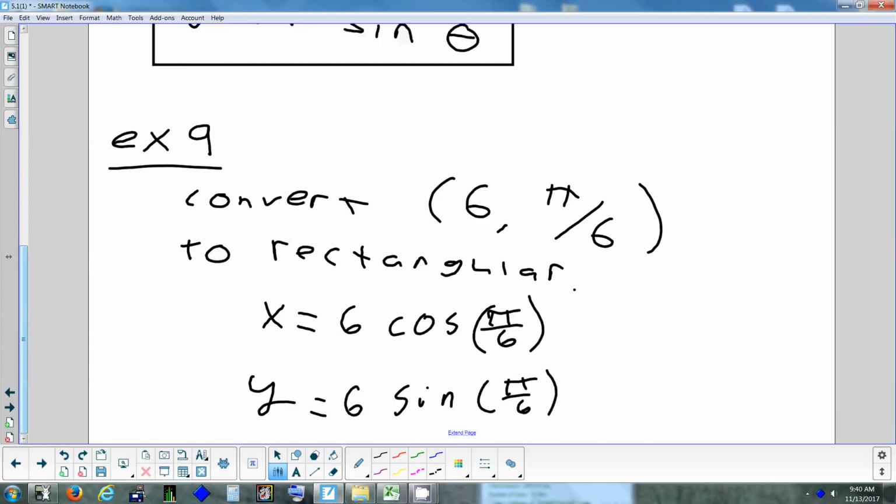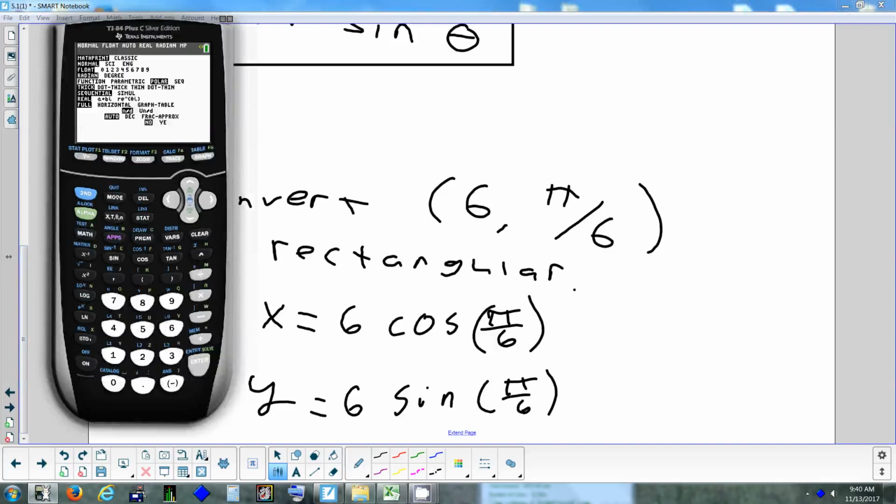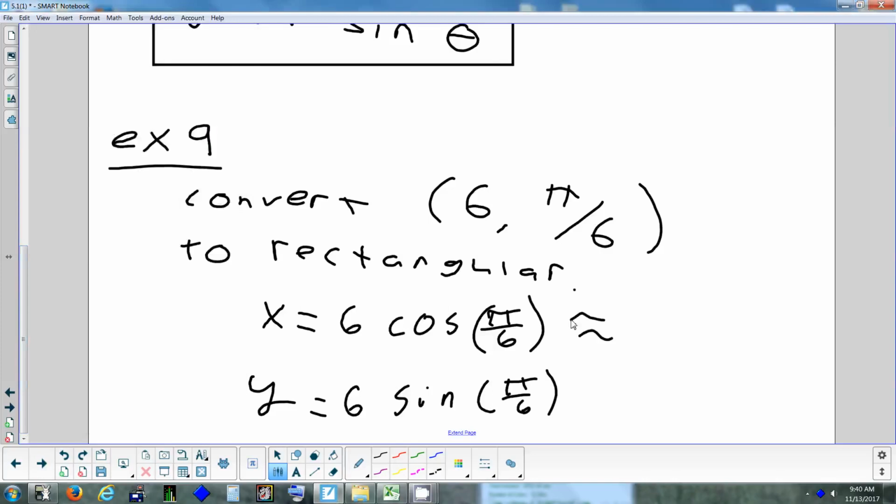The only thing I want to be careful about now is when I type them in, put your mode on radians. Okay, so I'm already in radians. So I'm going to type 6 cosine pi over 6. And I get about 5.20, if I round it.